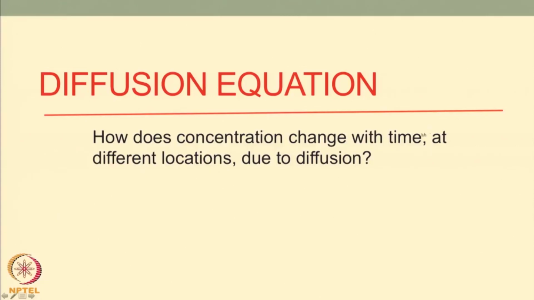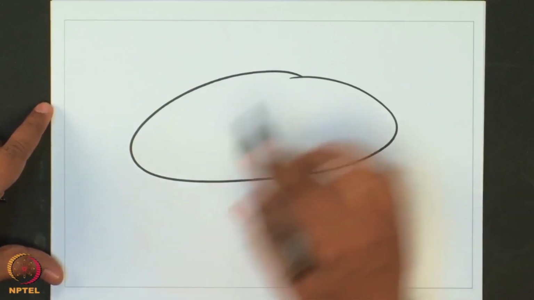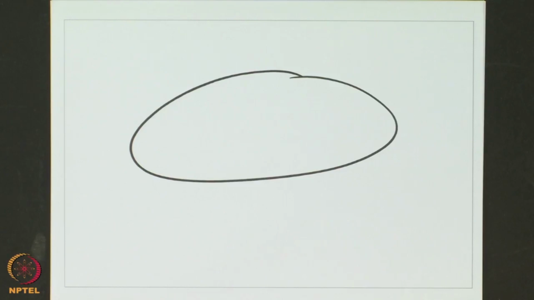How does concentration change with time at different locations due to diffusion, and what do we mean by this question? Let us understand this a little bit, and that will give us some idea about what we are talking about. If we look at a cell, the concentration at different places could be different.